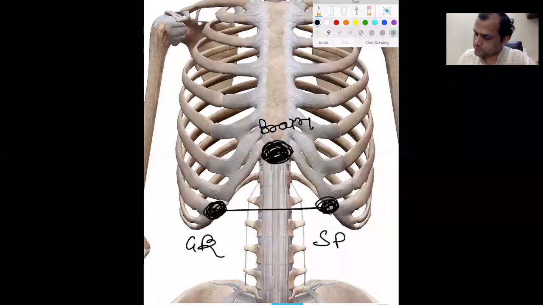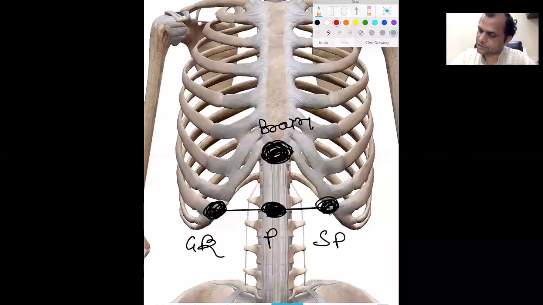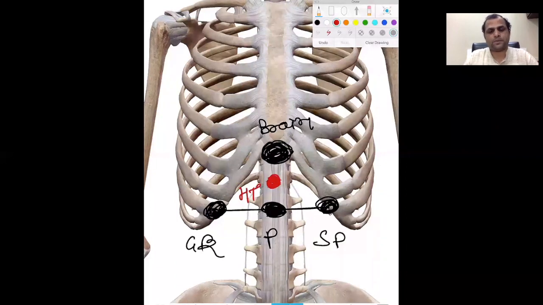And in between, this is the pericardium point. Now, in the center of these, this is the point connected with the heart. So if we want to find the heart, there is another way. What is the other way? I will tell you in the next image, let's see.